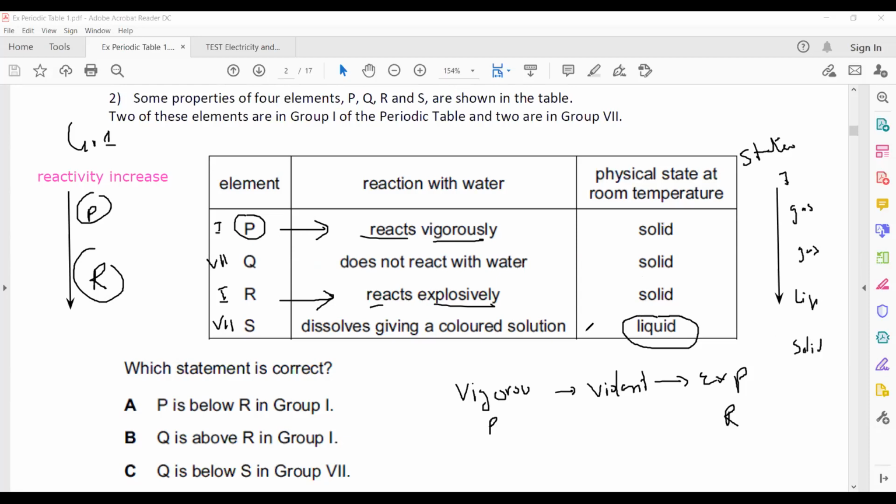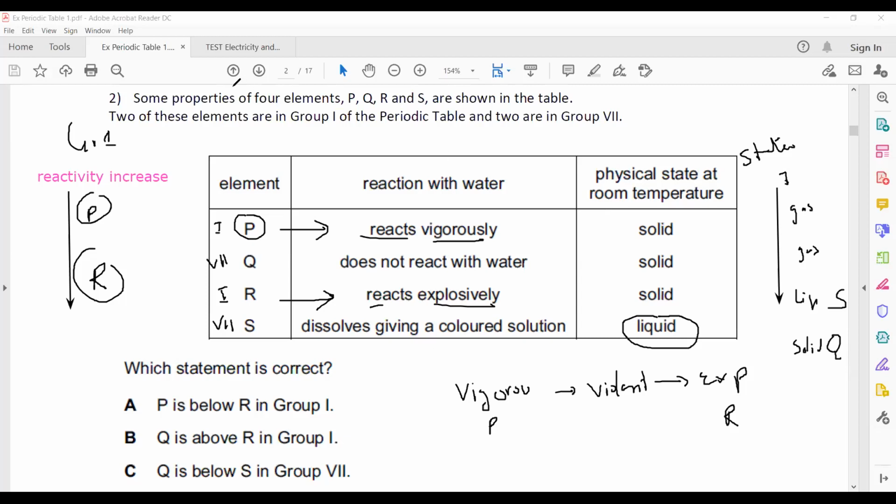They mention S is a liquid, so S will be here, and Q is the solid, so Q will be down. Is it clear? Because as we go down the group, the state changes. First are gases, then liquid, and then solid for group 7.